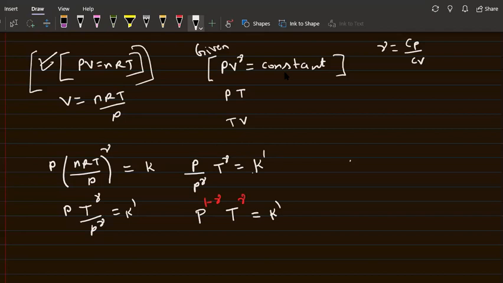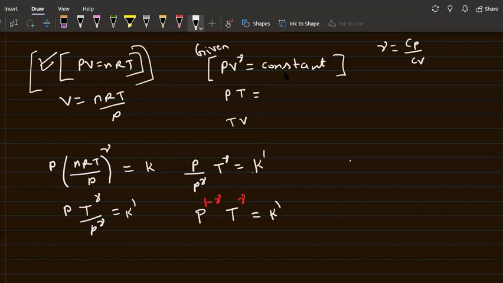Okay. Now, in the same way, try to find the relationship between T and V. So the relationship between P and T was P to the power 1 minus gamma and T to the power gamma is constant, right? That we just derived.